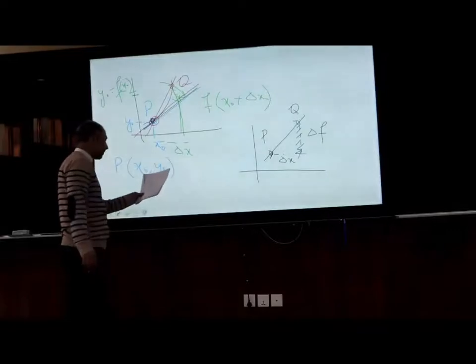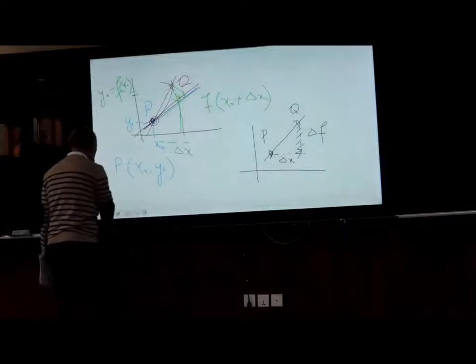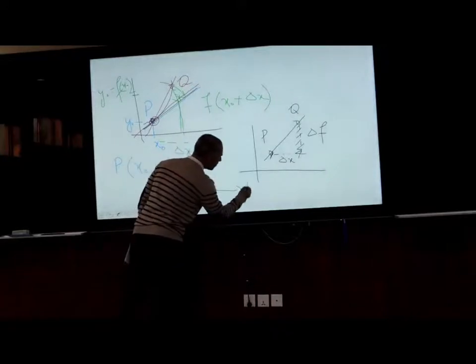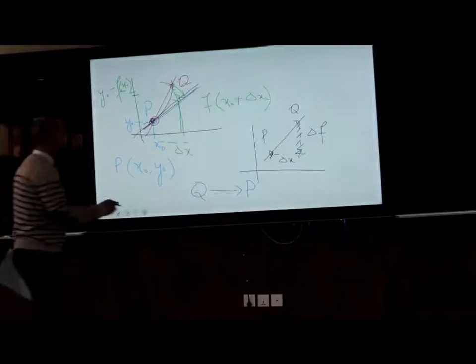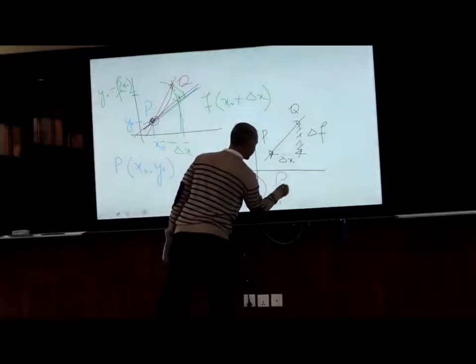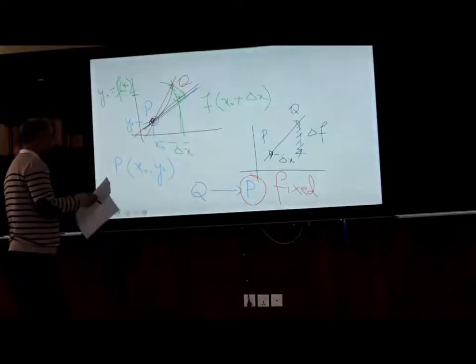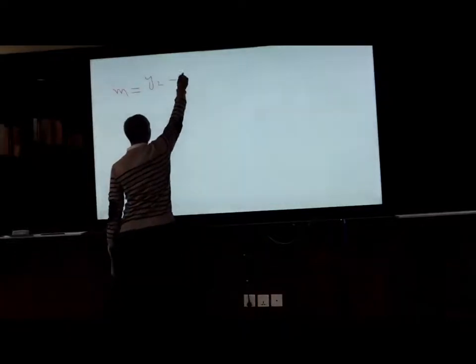So we can say that Q approaches P. In all this scenario, one thing should be remembered: Q approaches P at a certain point where P is fixed. We simply memorize the basic equation of slope, that is final minus initial.